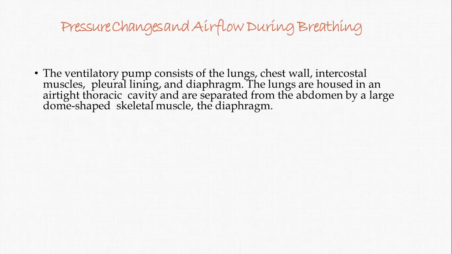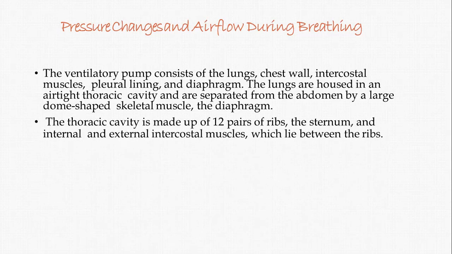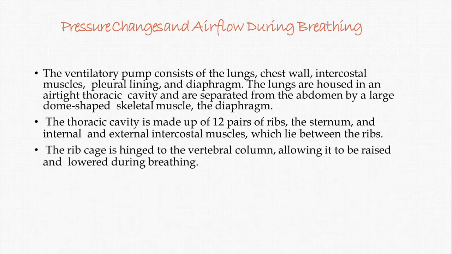The lungs are housed in an airtight thoracic cavity, and this thoracic cavity is separated from the abdomen by a large dome-shaped skeletal muscle, the main primary muscle of respiration, that is, the diaphragm. The rib cage, or thoracic cavity, is made up of 12 pairs of ribs, and anteriorly they are attached to the sternum. In between each of the ribs there are intercostal muscles. Two types of intercostal muscles are there: internal intercostal and external intercostal.